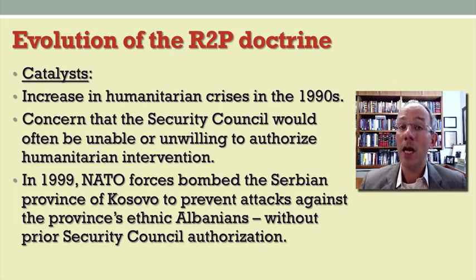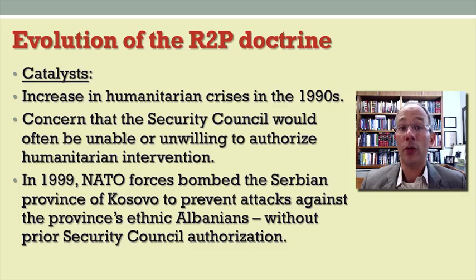Now, this was done by the North Atlantic Treaty Organization, NATO, without the prior authorization of the Security Council. And the intervention, the bombing, did in fact stop the humanitarian crisis from occurring.